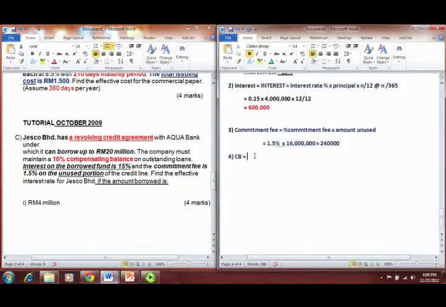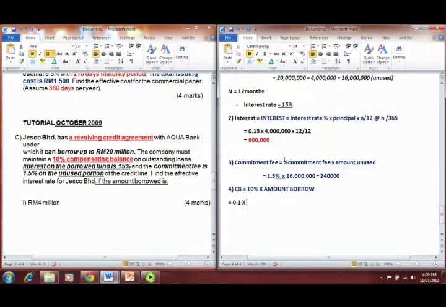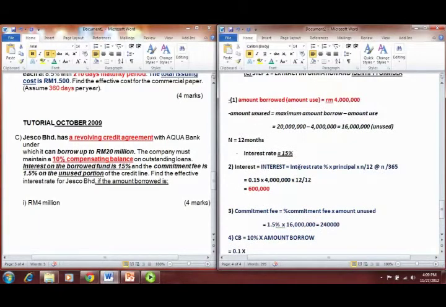Alright, class, so for the amount of your CB based on the question, 10% compensating balance. So 10% is 0.1. Remember, 0.1 times your amount borrowed. So what is the formula for amount borrowed, class?